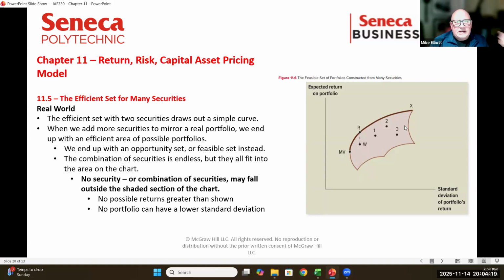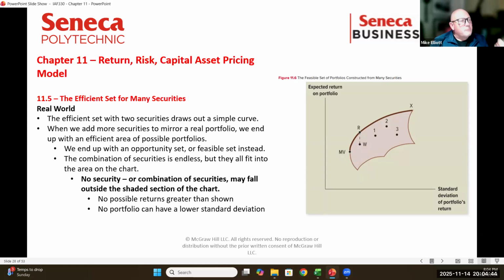Somewhere inside this shaded area, any combination of our securities will fall. No combination of securities and no individual security in our portfolio will fall outside of this. This is our feasibility set in this case. It's not an efficiency frontier, it's a feasibility set.